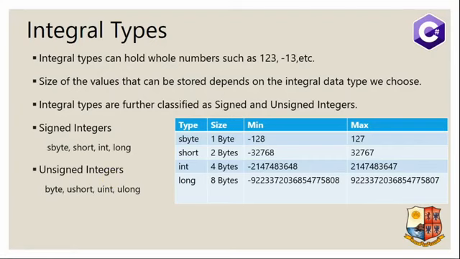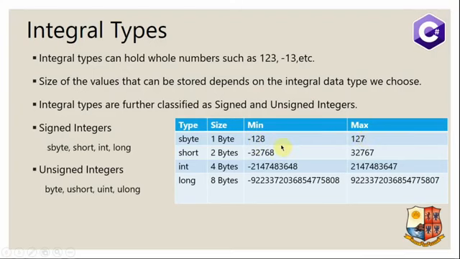Let me take one simple example. S byte. Can you see here? S byte takes 1 byte in the memory location. The minimum value you can store here is minus 128. The maximum you can store is 127. What about instead of using S byte, if I used byte, unsigned byte? What happens? Then minus values are not allowed. So minimum is 0, maximum is 255.